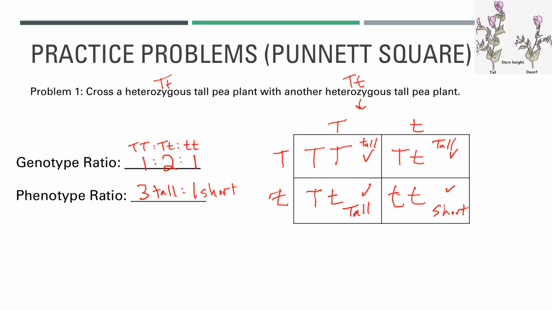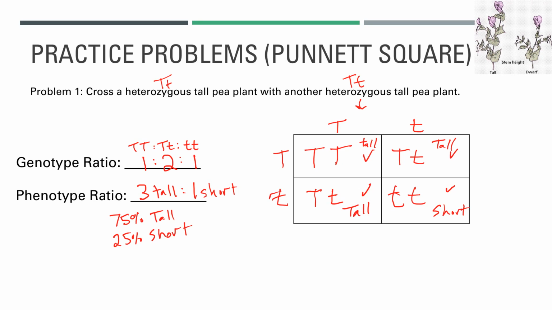So that would be 75% tall and 25% short. So that's another way to express your phenotypes, in a percentage, when you're doing these problems.